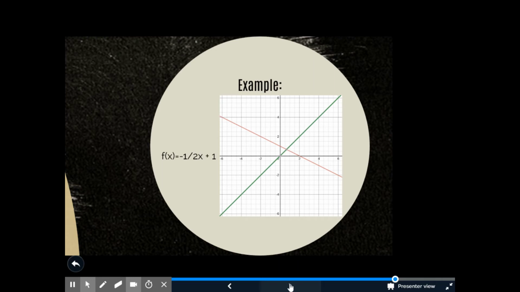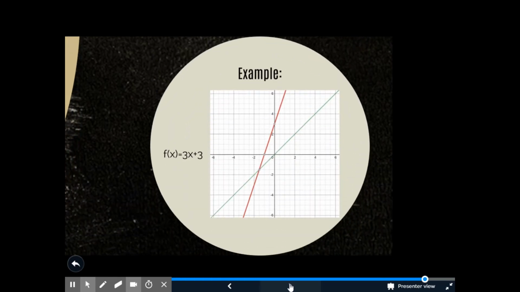Okay, so then we have another example. f of x equals 3x plus 3.